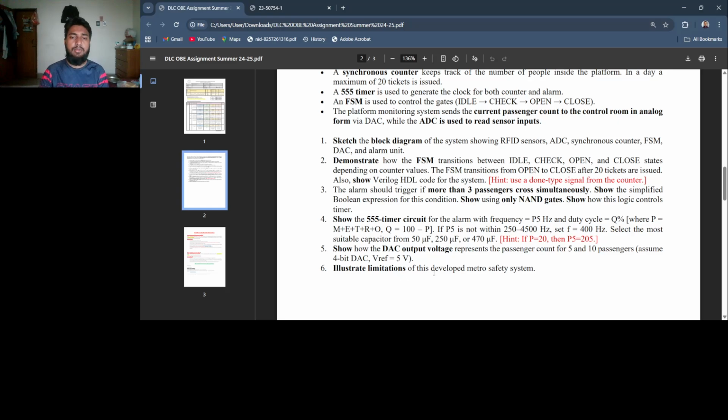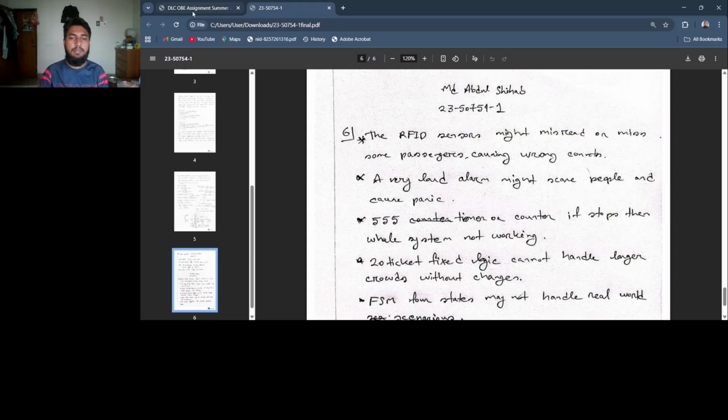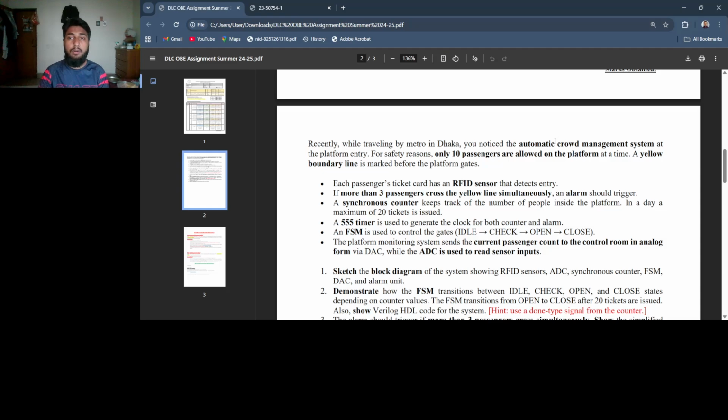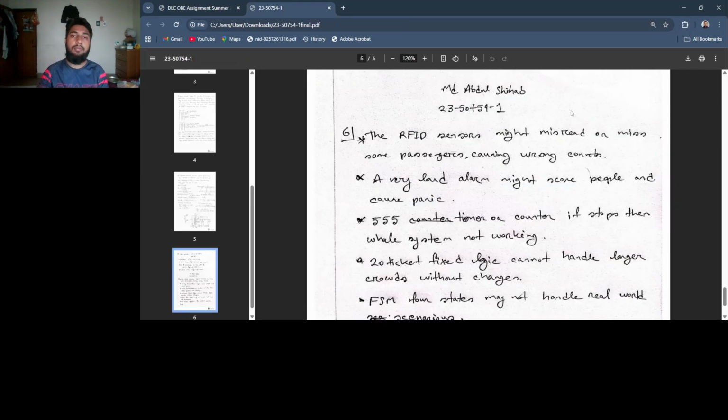And my last question: illustrate limitations of this developed metro safety system. My last question says illustrate limitations. If I made a metro safety system with this automatic crowd management system, what types of faults or errors are shown?